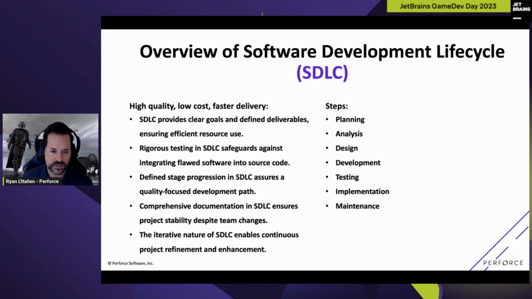The well-architected documentation provides a safeguard, ensuring team member transitions do not derail the project, offering continuity and consistency in development, even amongst team changes. That old hit by the bus factor. The iterative nature of SDLC, with each stage capable of feeding back into its previous step, facilitates continuous improvements, the CI and the CD, refinement of the project, and moving the needle on what the product manager intends to deliver, and that CD part, continuous delivery.